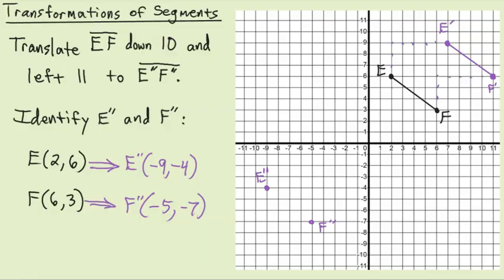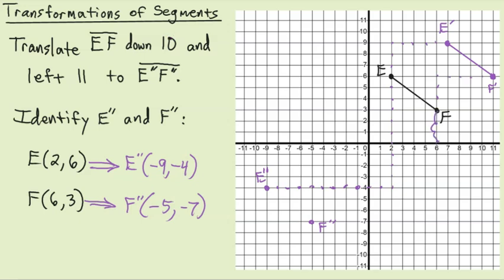Okay, we're going down 10. 1, 2, 3, 4, 5, 6, 7, 8, 9, 10. And then left 11. 1, 2, 3, 4, 5, 6, 7, 8, 9, 10, 11. There we go.